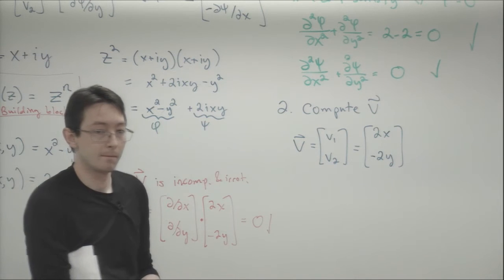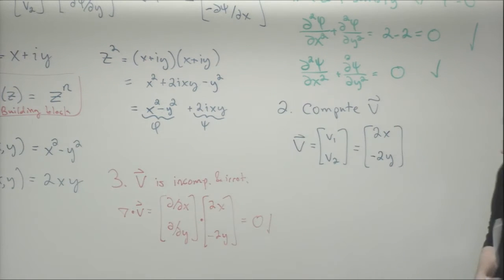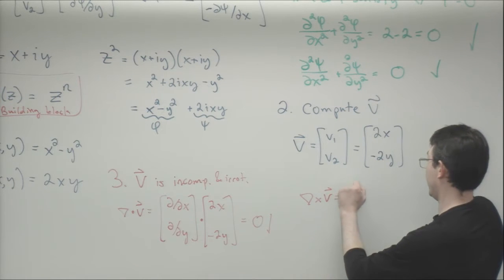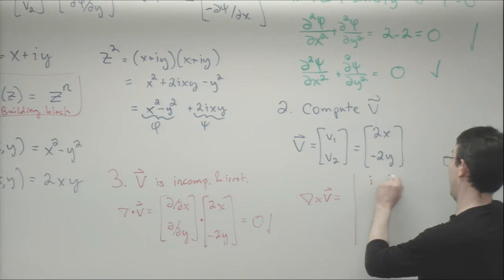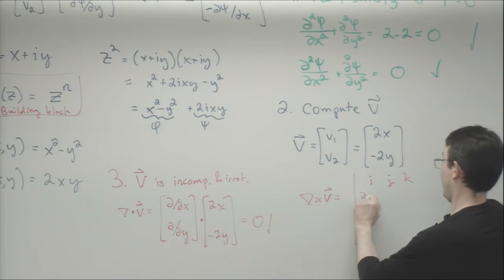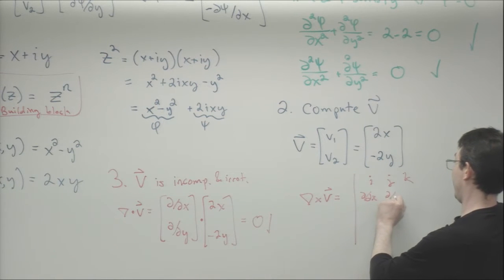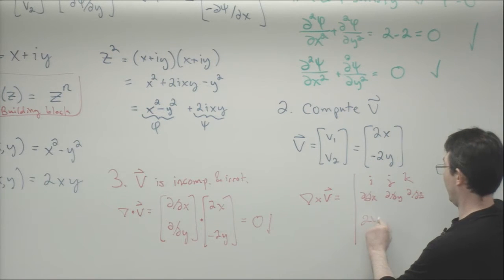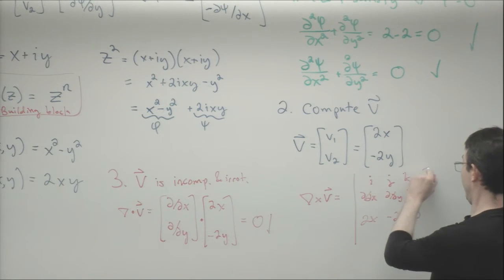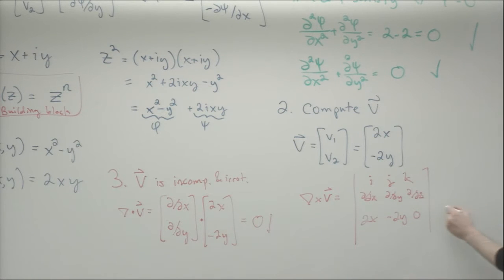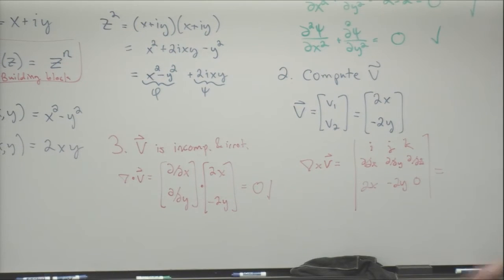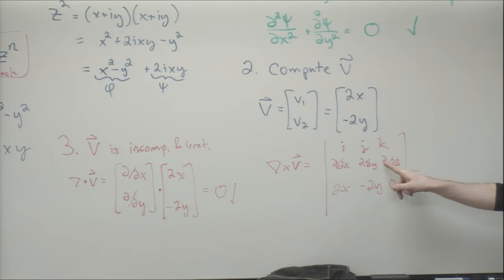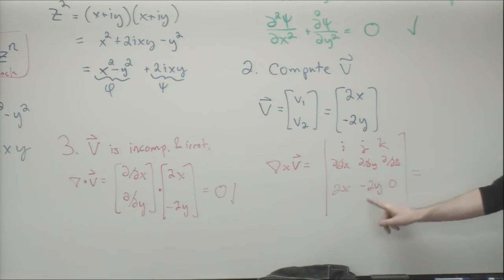Okay. And for irrotationality, let's say curl of V equals the determinant of partial x, partial y, partial z, and we have 2x, minus 2y, and 0. So the determinant of this is, in the i direction, we have partial of 0, and there's no z here, so the partial with respect to z is 0.